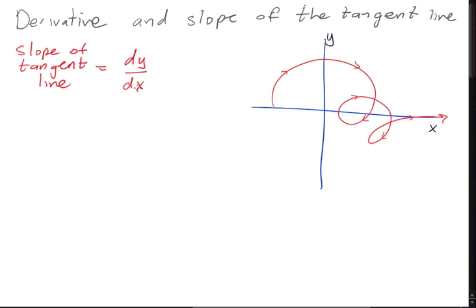Okay. So the problem is, though, that your parametric curve, c of t, is a function of t, right? So the x value is given in terms of t, and the y value is given in terms of t, and you're trying to find the derivative of y with respect to x, right? So this is a problem.